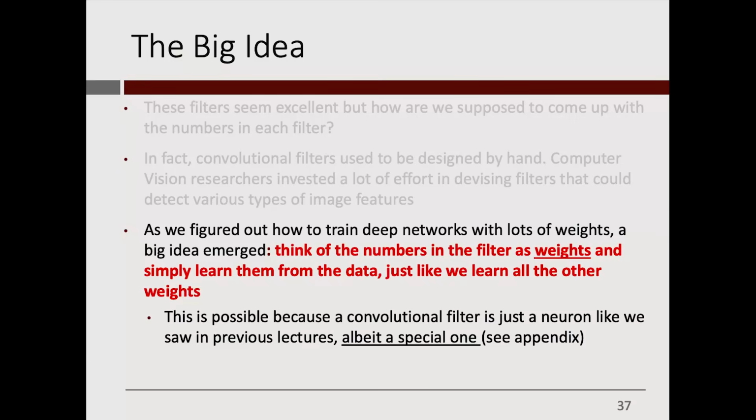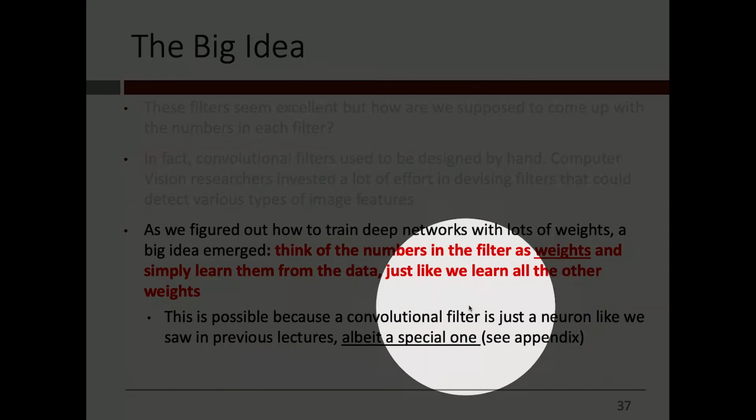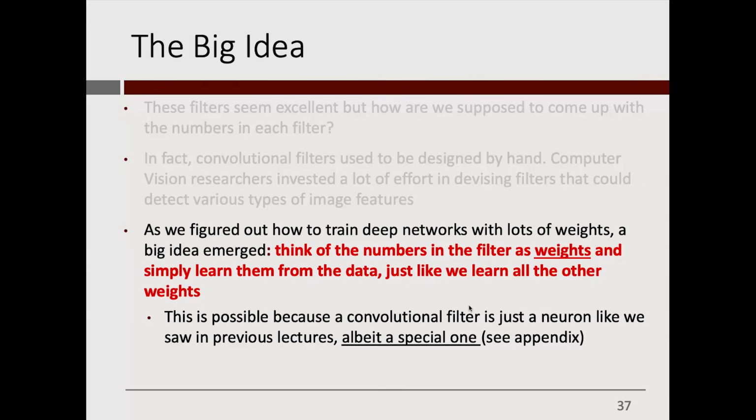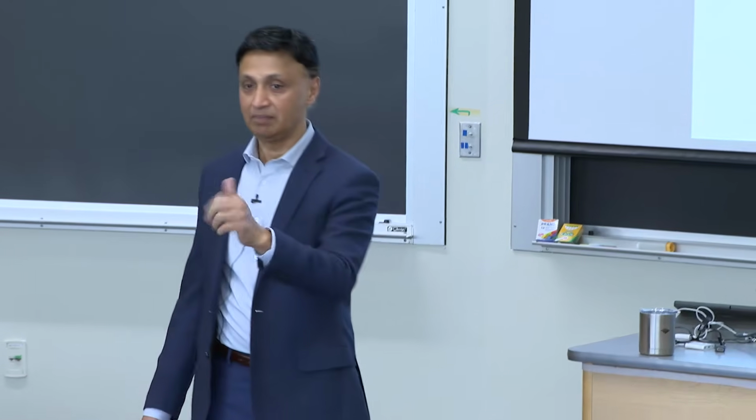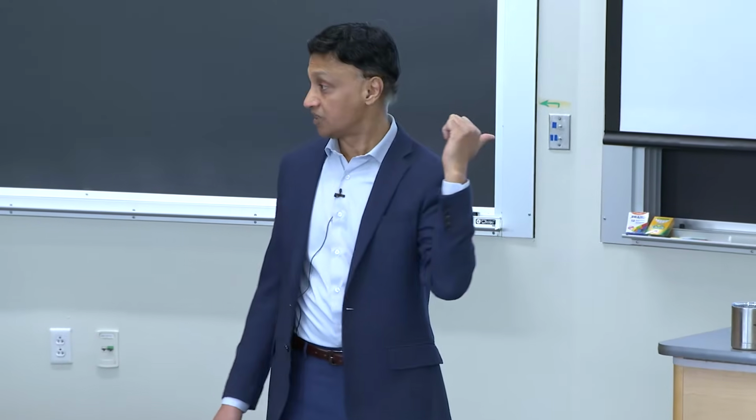And now it's possible to do this because a convolutional filter that we have seen is actually just a neuron. The underlying arithmetic of it is just neuronal arithmetic. It just happens to be a slightly special one. It's actually even simpler than a regular neuron. In the interest of time, I have one or two slides in the appendix which tell you exactly why it's a neuron, so check it out.